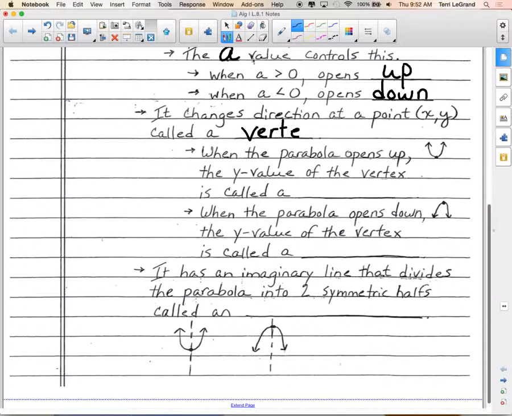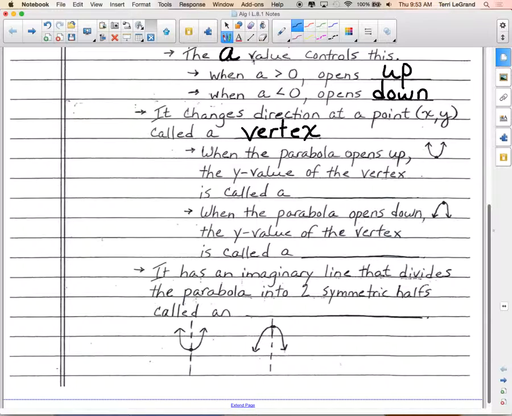The vertex plays a big role in a quadratic function. It is where the parabola changes direction. In fact, it is the only point that does not have a point symmetric to it. When you look on your graphs from that homework for today, does every point except that turning point, that vertex, have another point across from it with the same y value? Yeah. That's called a symmetry point. There's symmetry going on there.